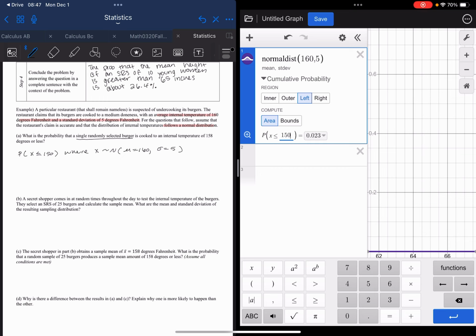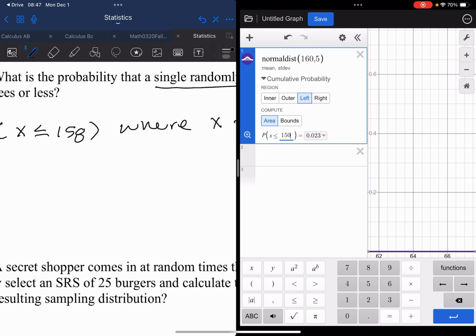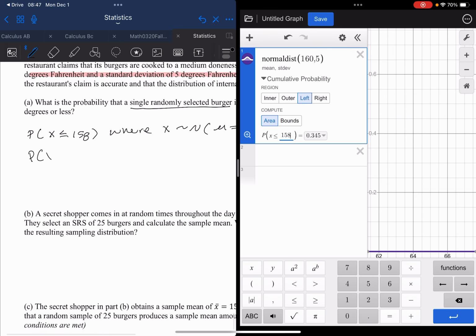Did I type everything in correctly? Oh, 158. I wrote this wrong. This is supposed to be 158. There we go. So I get that the probability of x being less than 158 degrees Fahrenheit is equal to 0.345. Okay, and that's my answer.